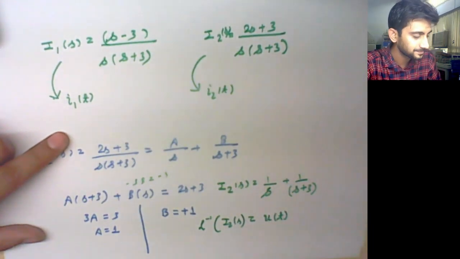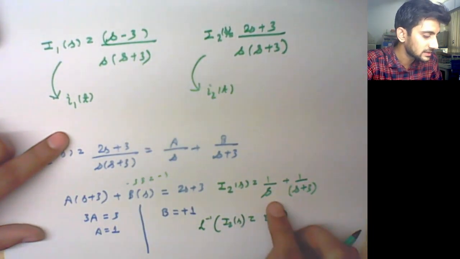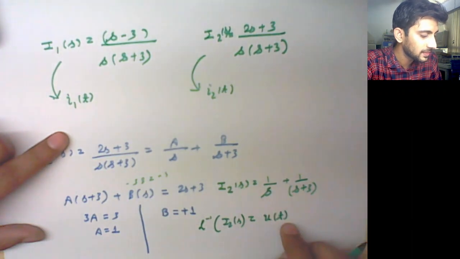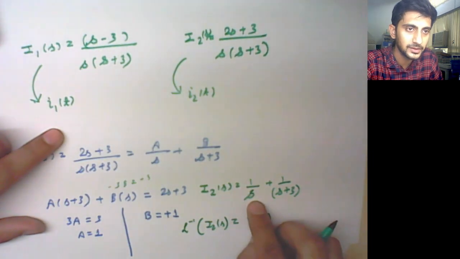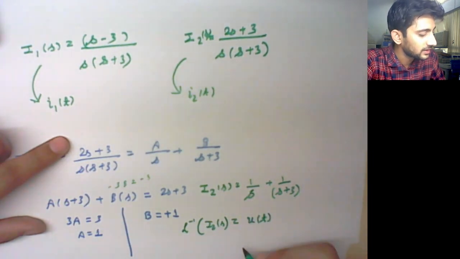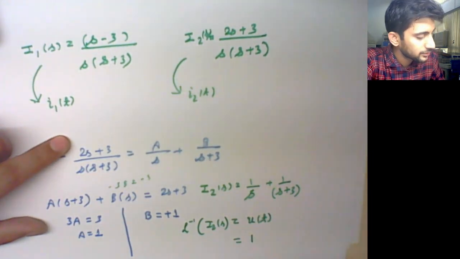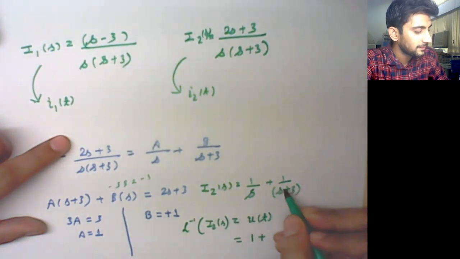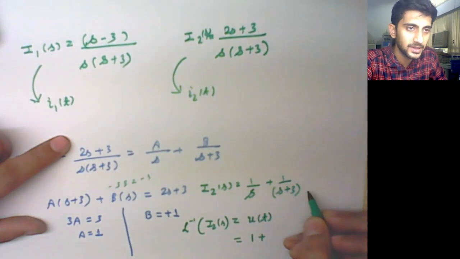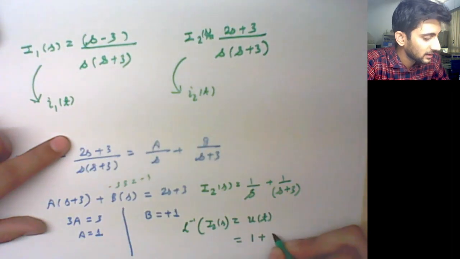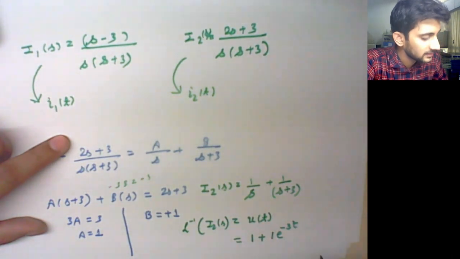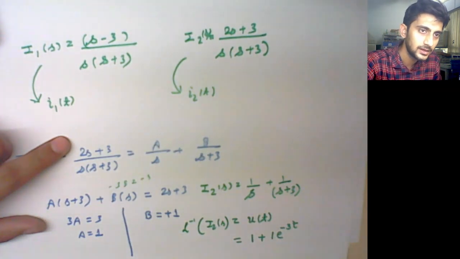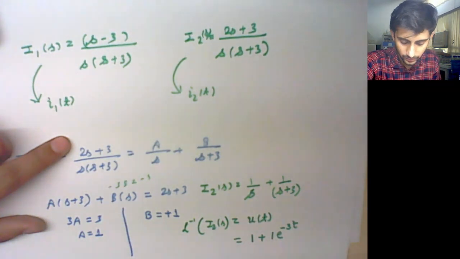Then the inverse of 1/(S + 3) is e to the power minus 3t.